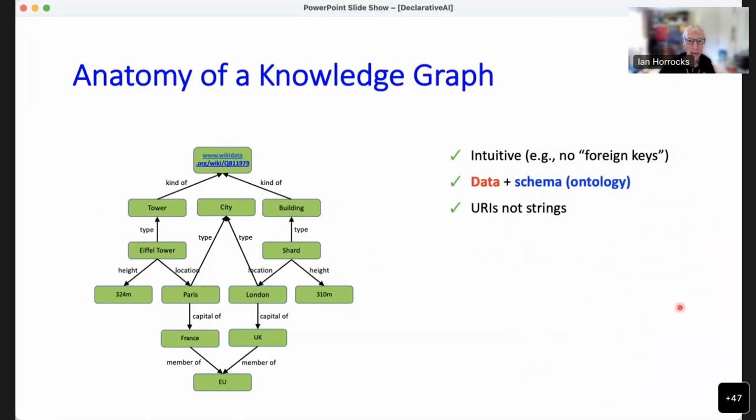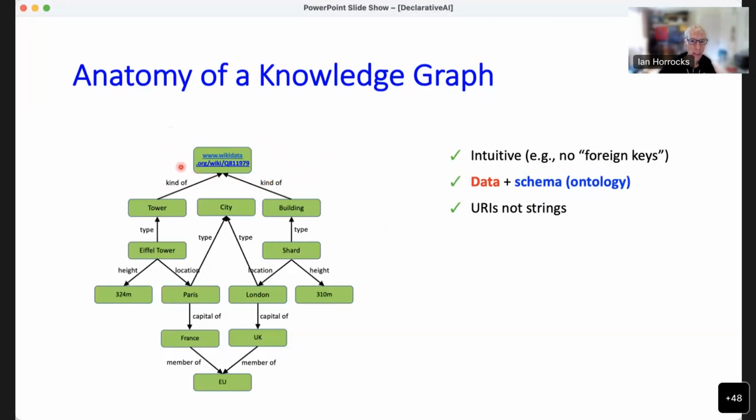The other thing about the knowledge graph is that typically we actually use URIs rather than strings to represent the entities, and this has a lot of advantages, as well as being a convenient way of forming unique identifiers. We can think of a linked open data perspective, and we can use common URIs.